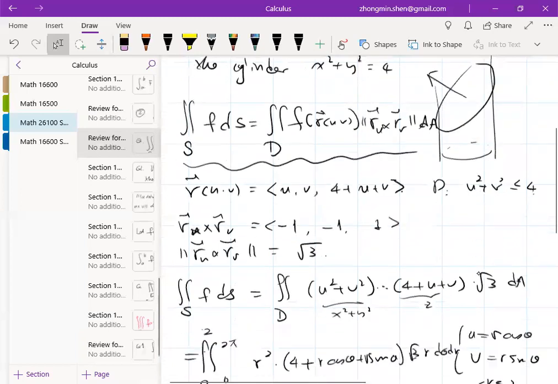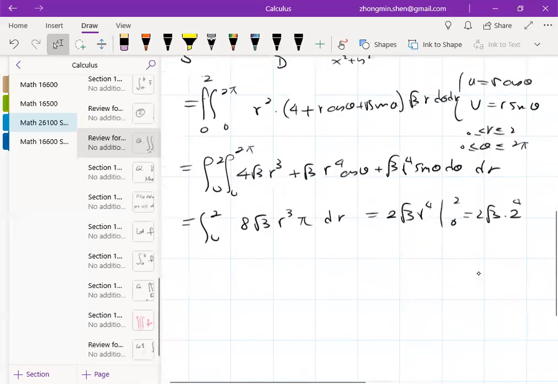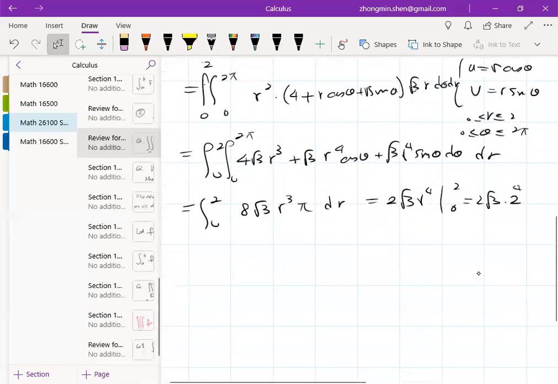Okay, now for the integral of a vector field, actually the inner product of the vector field with the normal vector over the surface, then you have two options: either you view it as an integral of a function over the surface, like what we did, or maybe you can use another method to evaluate it.